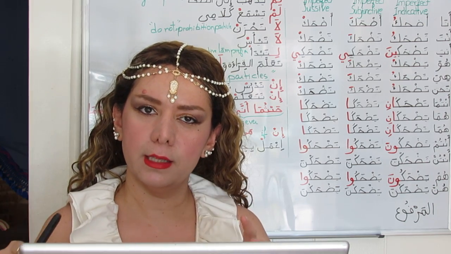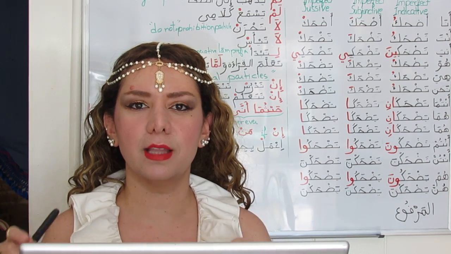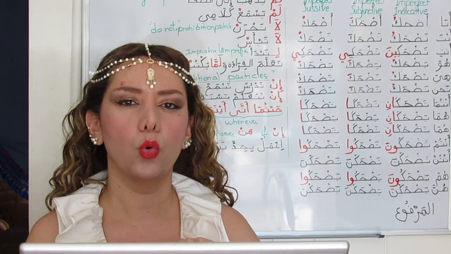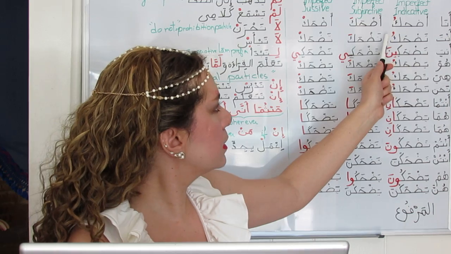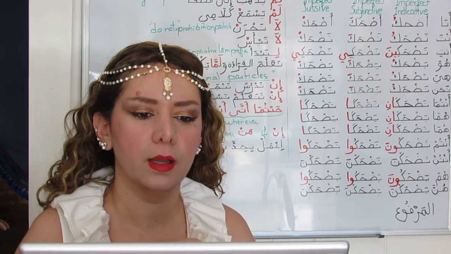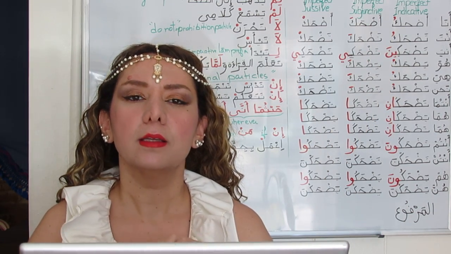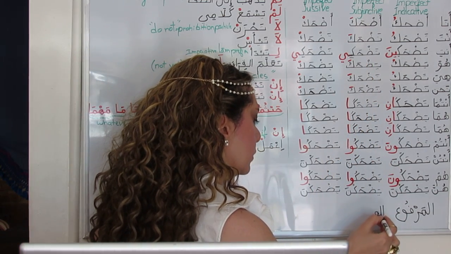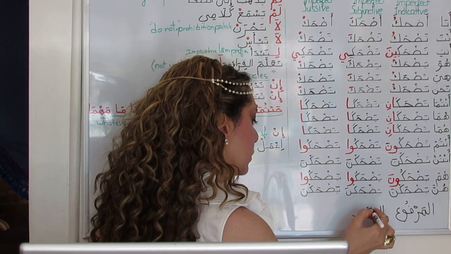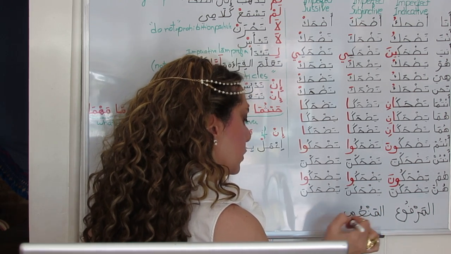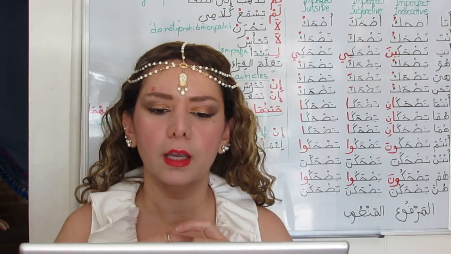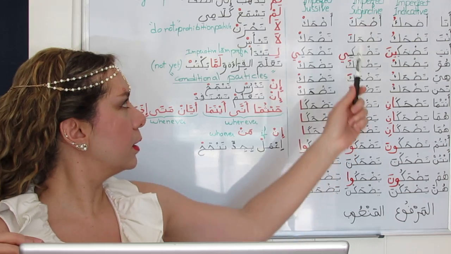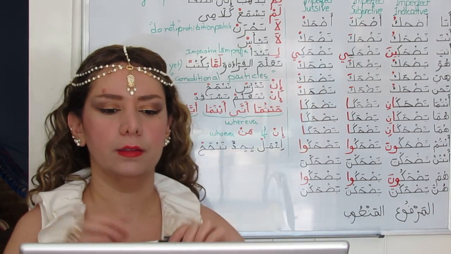In the indicative, present tense verbs take the short vowel u, dhamma, this little waw shape, and the subjunctive المنصوب, in which verbs take the short vowel a, فتحة.